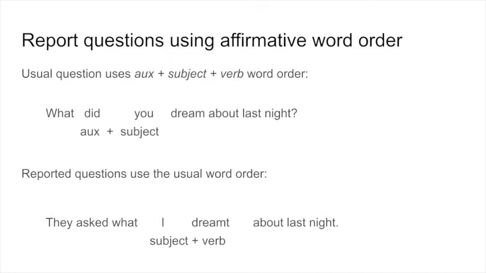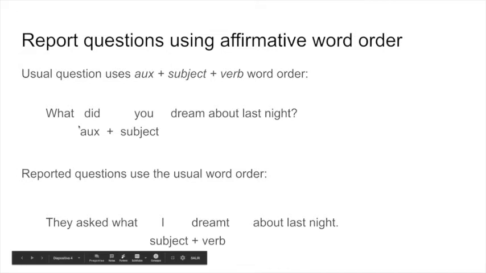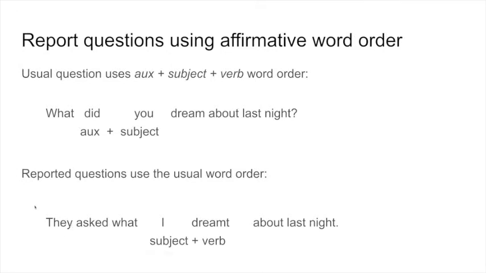That is the usual word order for a question, but it says right there, report questions using affirmative word order, the usual order, the one that we use normally. And that is the subject first and then the verb or the auxiliary. So below we have here, reported questions use the usual word order. We have this same question, but now it's reported, and it says they, that is the subject, asked, that is the reporting verb in past.